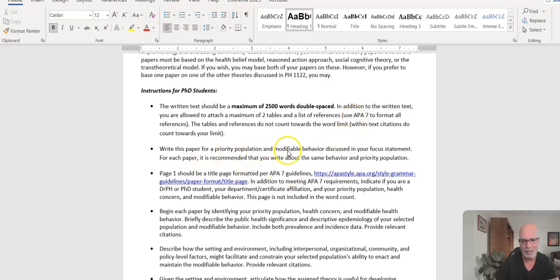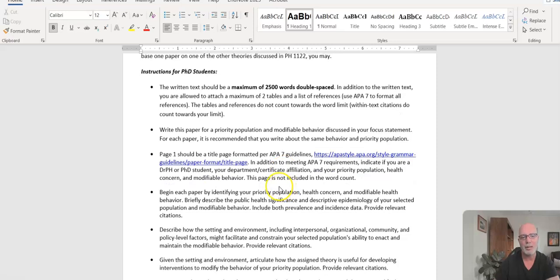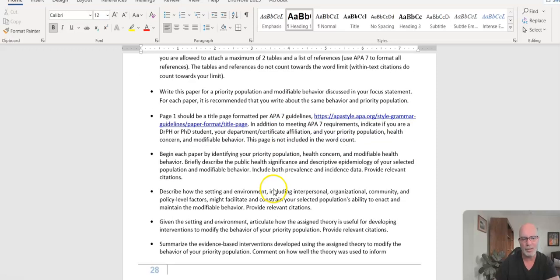You need to clearly state your priority population and modifiable behavior. And if that's not clear, then you're going to lose points, right? So we're literally just going point by point down this list, and we're grading off of this list. And so if you're trying to figure out what is it that we're grading on, we are looking for every single one of these things.